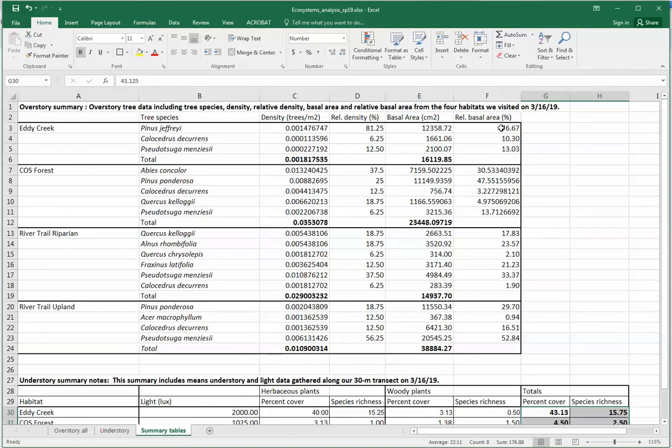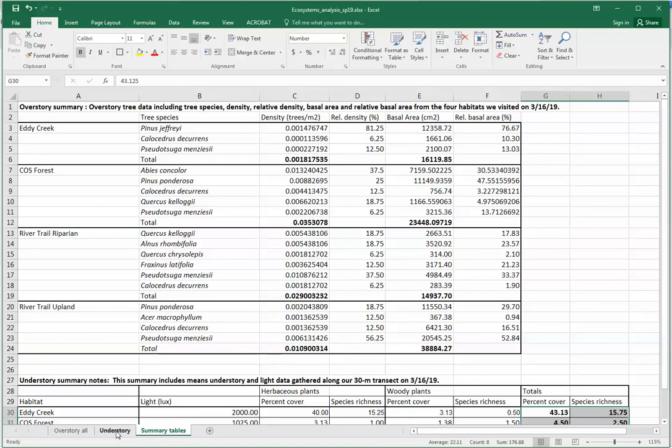So this is the basal area that each tree covered divided by the total. So we can see that 77% of the relative basal area was Jeffrey pine, a little over 10% was incense cedar, and a little over 13% was Douglas fir. So we have similar data for each of the 4 sites that we visited.